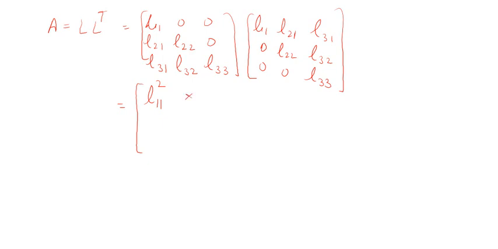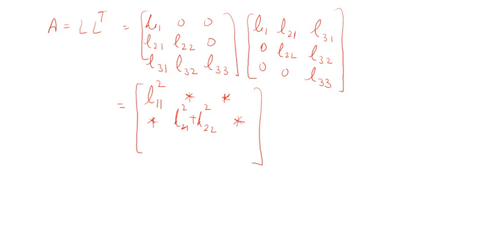Now the second diagonal entry is obtained by the second row multiplied with the second column, so that is L21 square plus L22 square.